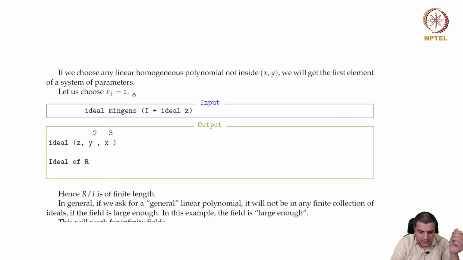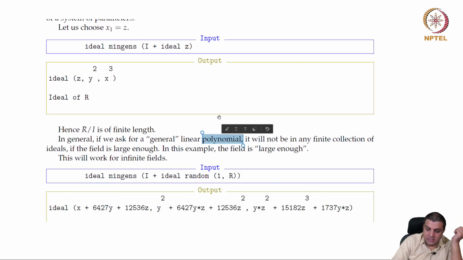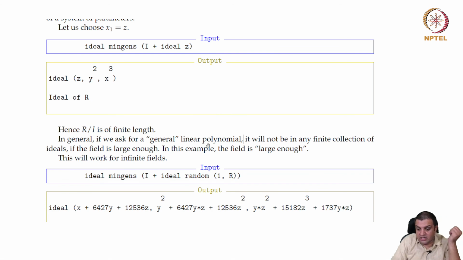So z is a system of parameters for that. Sorry, it's not R mod I that is of finite length, but R mod (I plus z), which is of finite length.